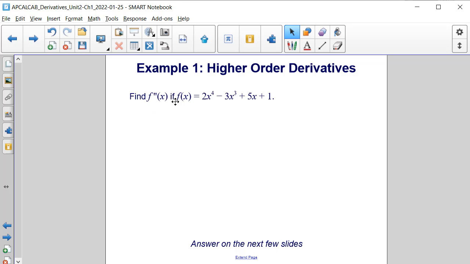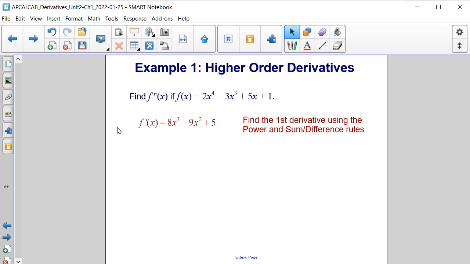Find f double prime of x if f of x is equal to 2x to the fourth minus 3x cubed plus 5x plus 1. We can use the power and sum and difference rules to find the derivative of f of x, or f prime of x.